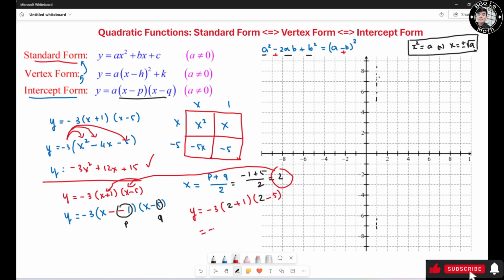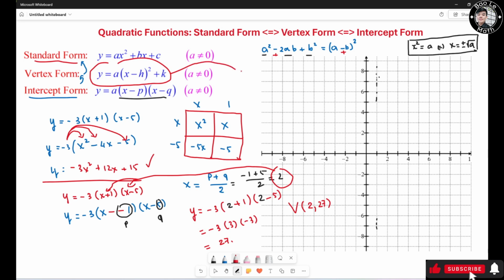So it's going to be negative 3. 2 plus 1 is going to be 3. 2 minus 5 is going to be negative 3. So when you multiply this one out, it turns out to be 27, right? So the vertex is 2, 27, right? So I use the formula right here.